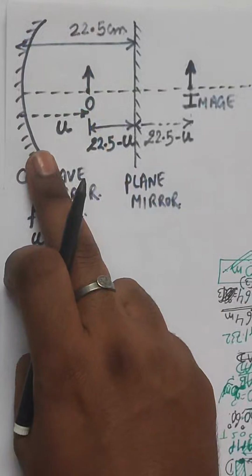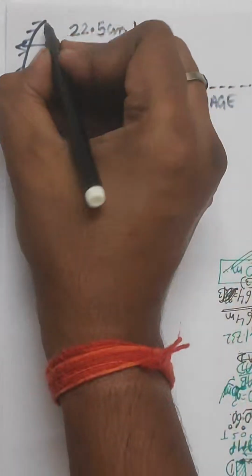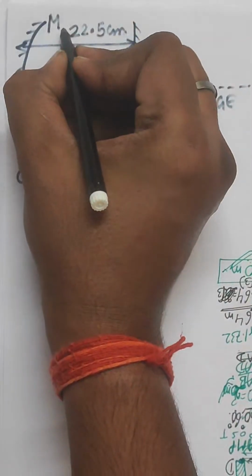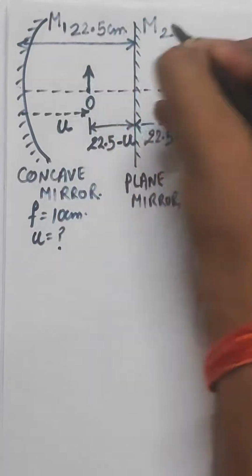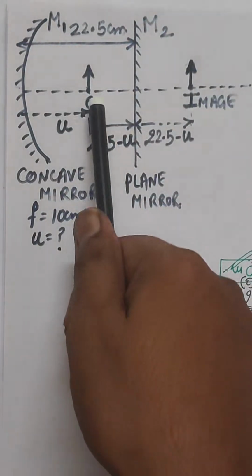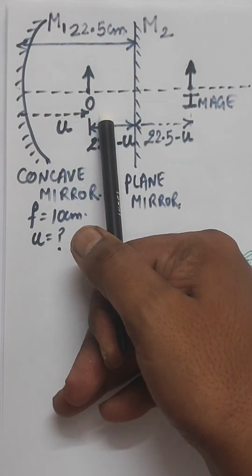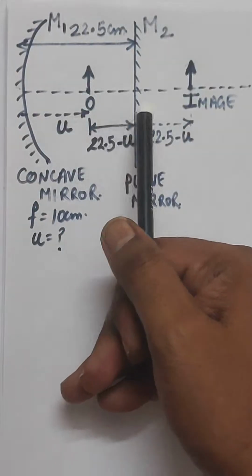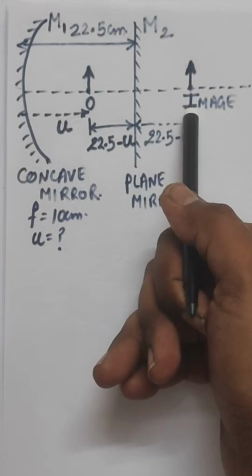Now, let's say the concave mirror is M1 and the plane mirror is M2. I'm just marking the names M1, M2. In this case, if O is the position of the object, the image formed by the plane mirror is here.